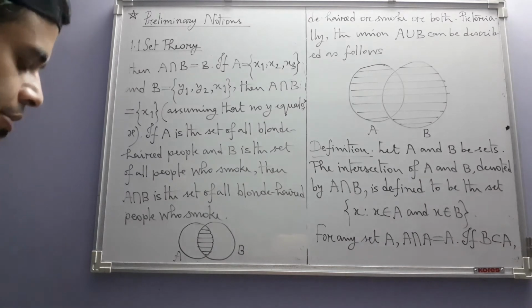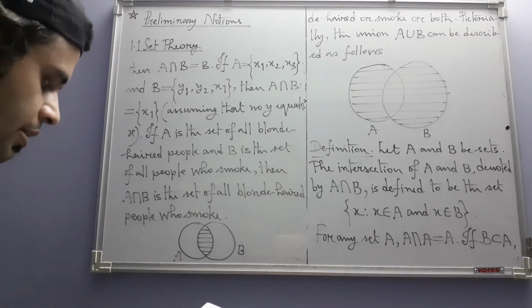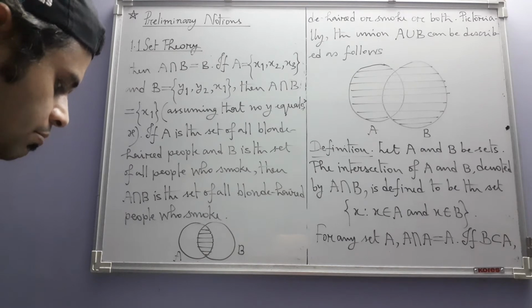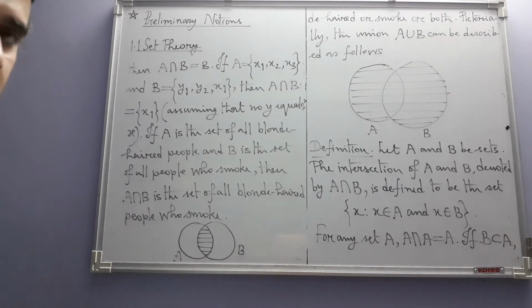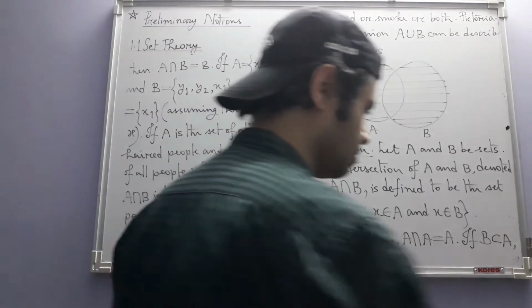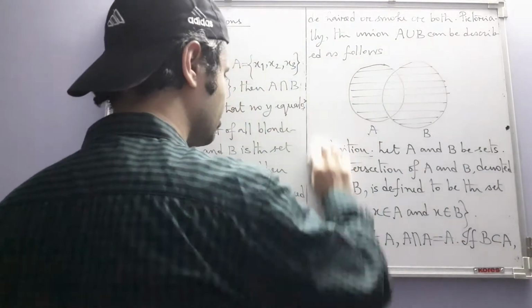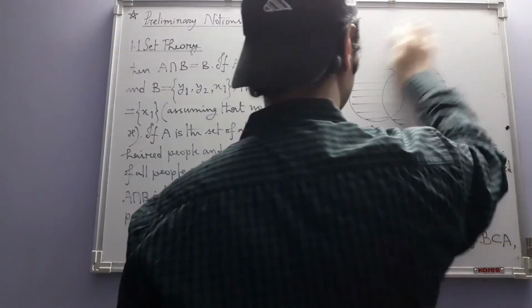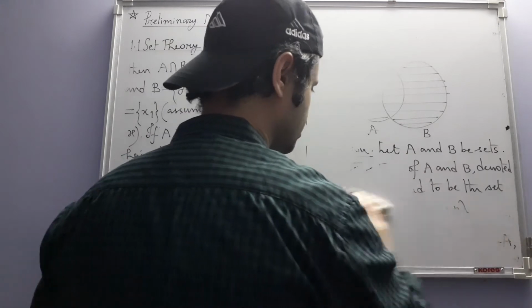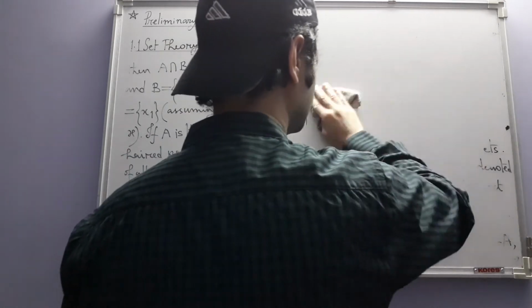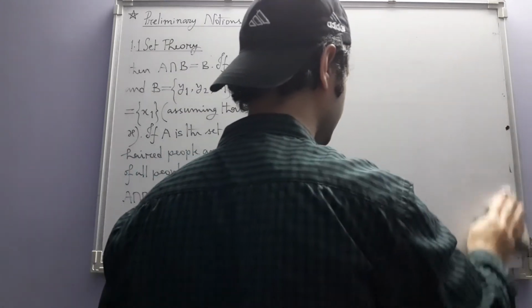Okay, after this, there is a proposition which is one of the distributive laws that involves both these operations, union and intersection. So we are going to see how it has been presented in the book.